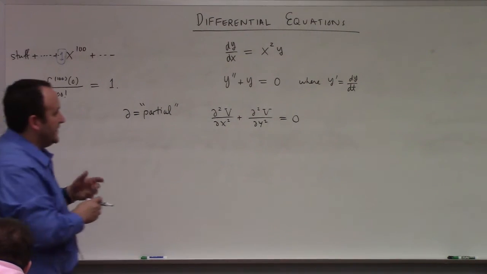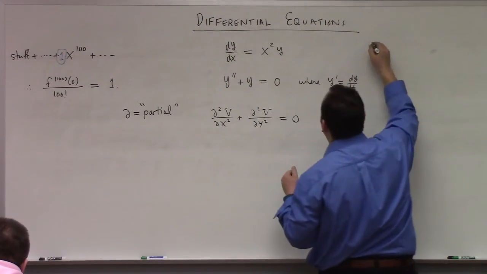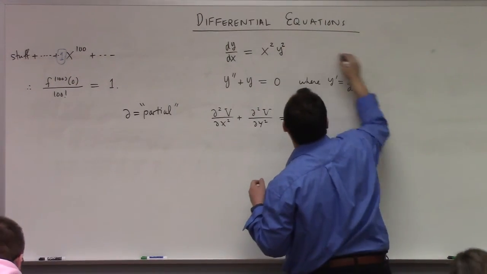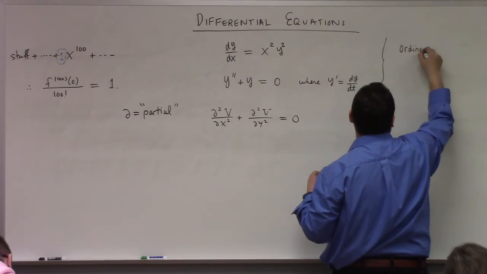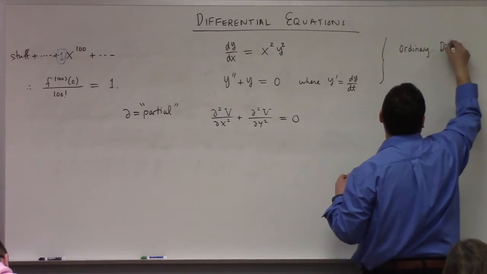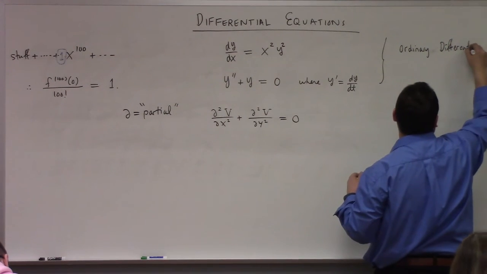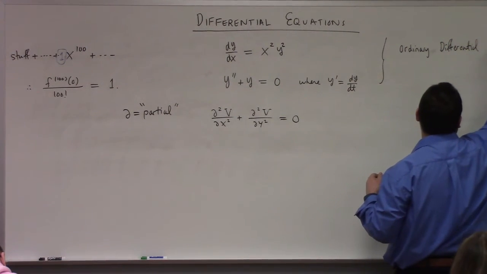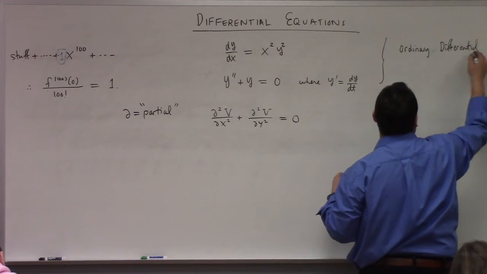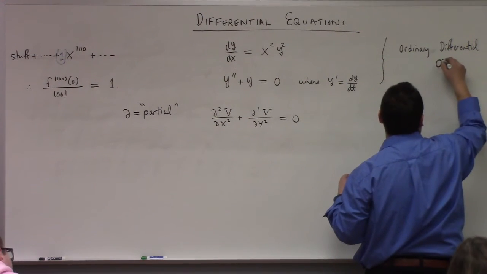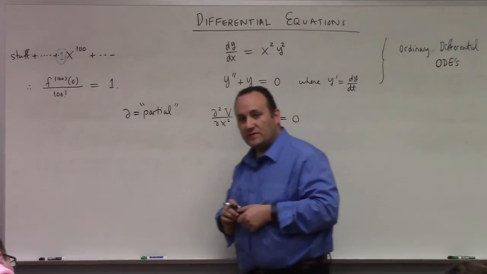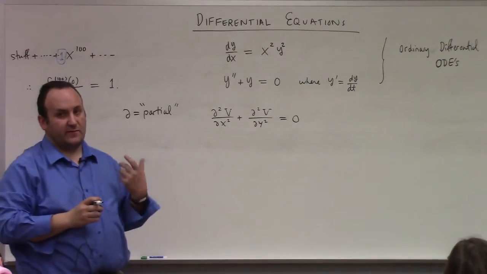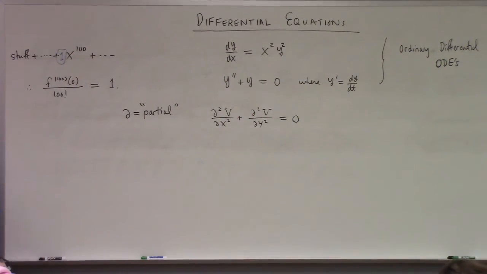So the first 2 examples here, and let me put a y squared on this, these are ordinary differential equations. Or, as is often abbreviated, these are what are called ODEs. The differentiation is taken with respect to just one independent variable.